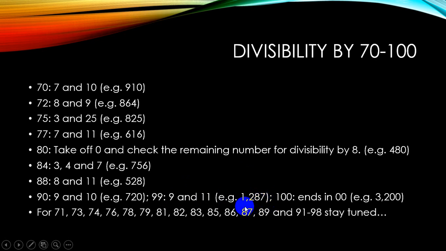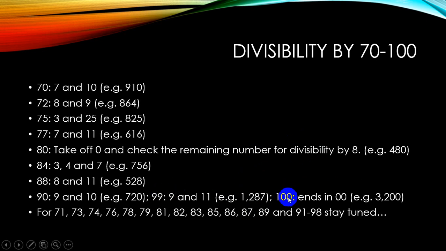If you don't see that right away, you would take the 121 and break it into 12 and 1. 12 minus 1 is 11. So either way, you can tell that 1287 is divisible by 11 as well. So therefore, it's divisible by 99.